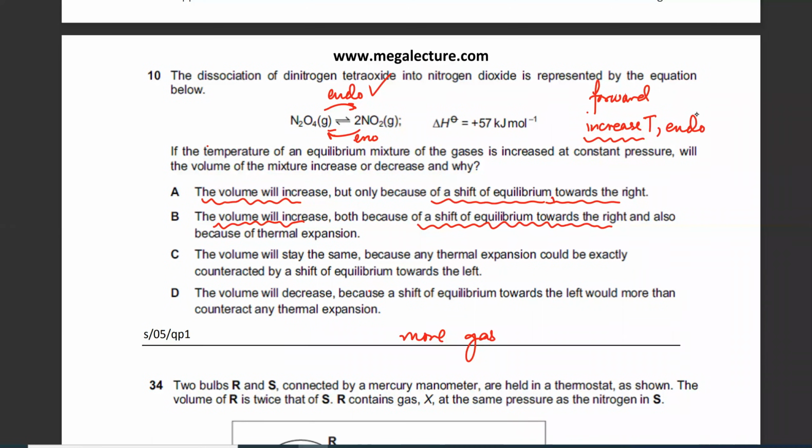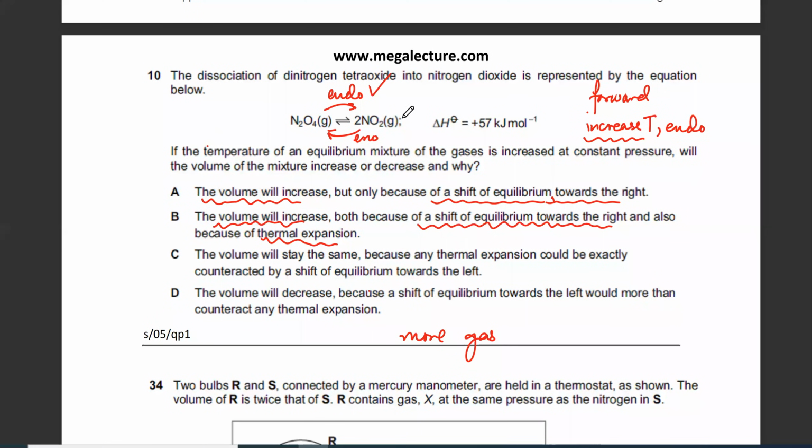Like if you have a balloon and it's a hot day, the balloon explodes. Why does it explode? Because the gas starts expanding, and the rubber eventually ruptures. On a cold day, the gases shrink. So there is going to be thermal expansion, no matter what happens to the equilibrium.